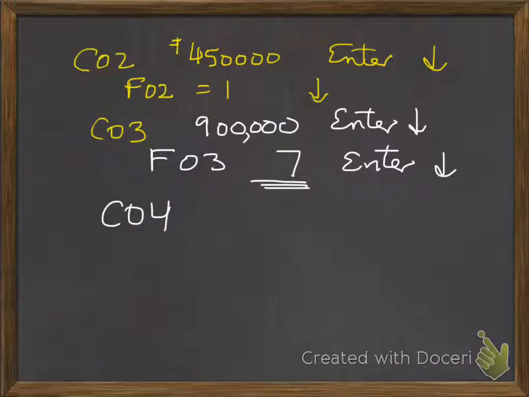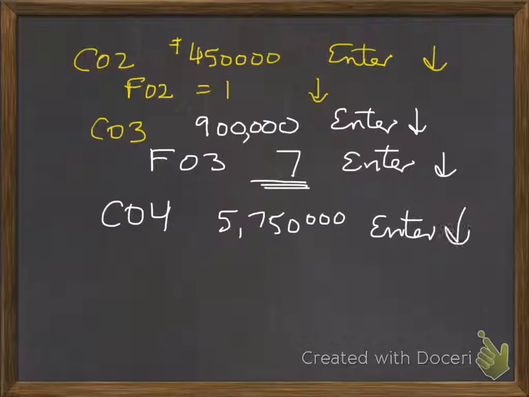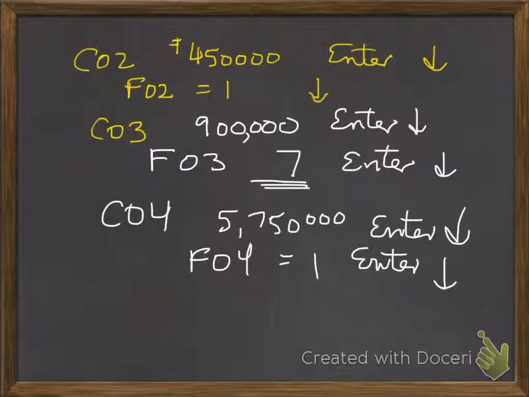So C04 will be $5,750,000, and it's positive because it's an inflow. I'm going to press the enter key and press the down arrow button, and F04 is also equal to 1. Press the enter key, and if you want, the down arrow button, but at this time there's no more income and no more outflow because we're done with this project.